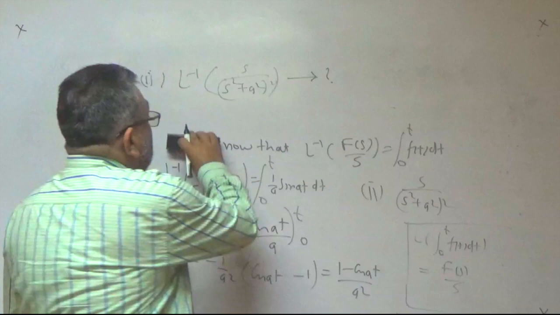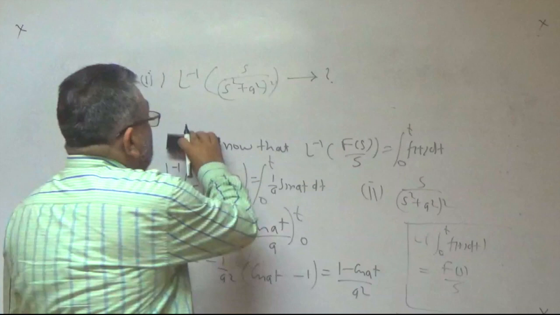Right? Take this one as capital F(s) and this one as capital G(s). So F(s) equals s upon s square plus a square, whose inverse Laplace transform small f(t) is cos at. Similarly, take G(s) as s upon s square plus b square; small g(t) is cos bt by the formula directly.